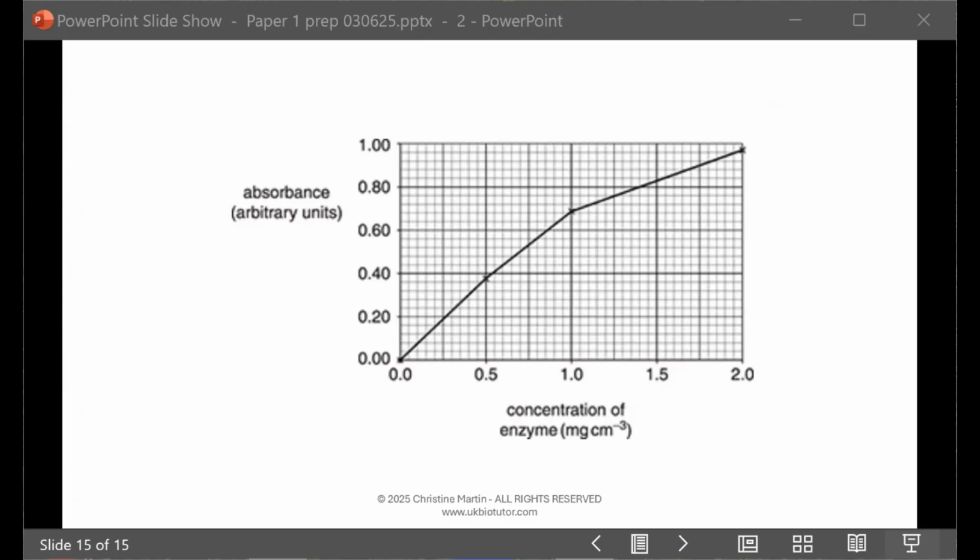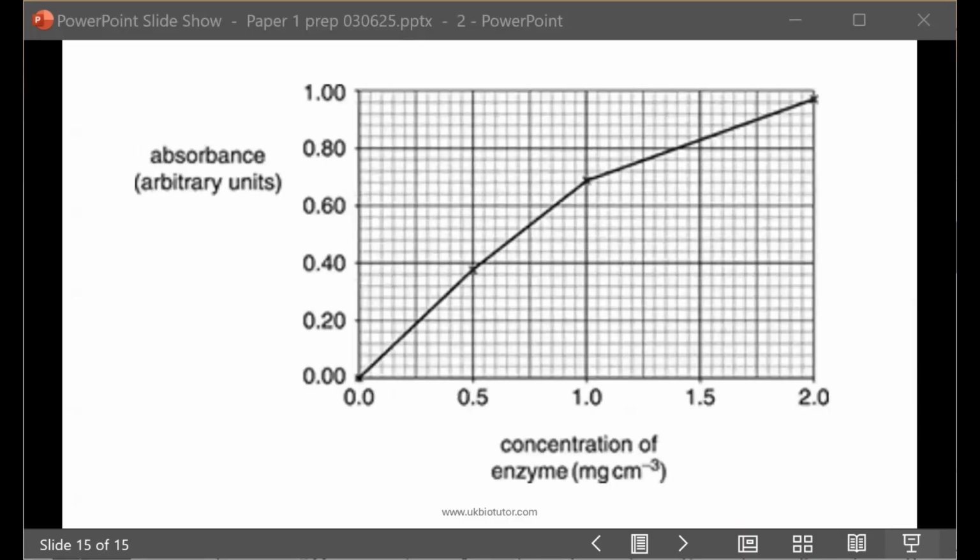What you can see is you have got a concentration of enzyme and you've got the absorbance. As I increase my concentration of enzyme, the absorbance has also increased.